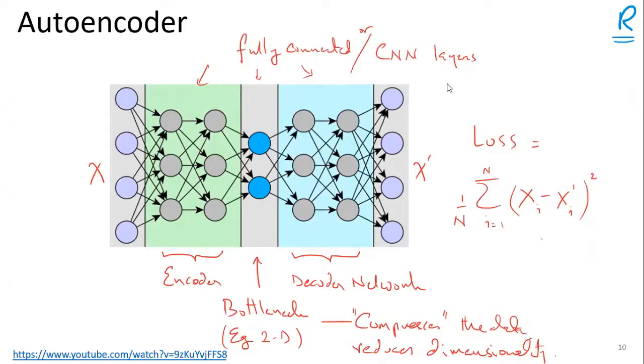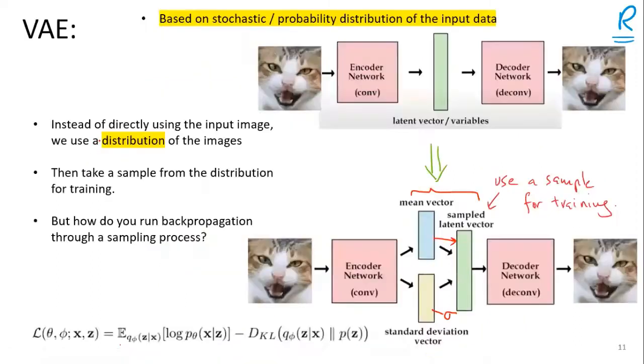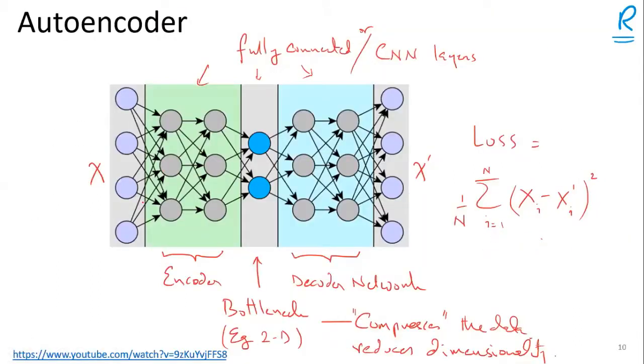So we spoke about autoencoders, and we saw that it basically has an input X over here, an output, and there's a bottleneck in the center.